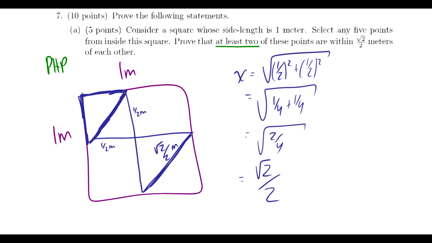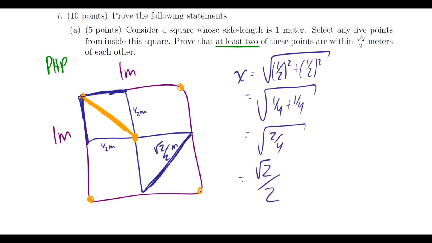So when we place our points down, let's pick the furthest possible combination of points. We have one here, one here, one here, and one here. It doesn't matter where the fifth goes, even if I put one in the middle, because the hypotenuse is root 2 over 2 meters.